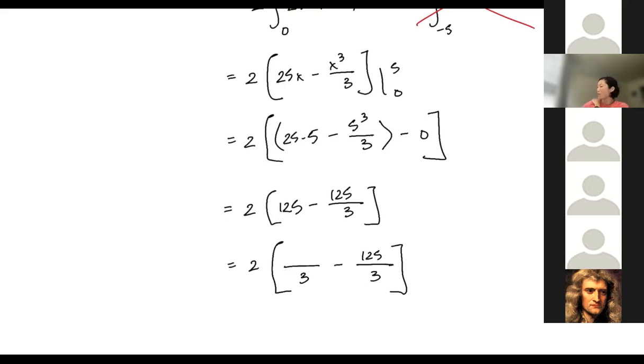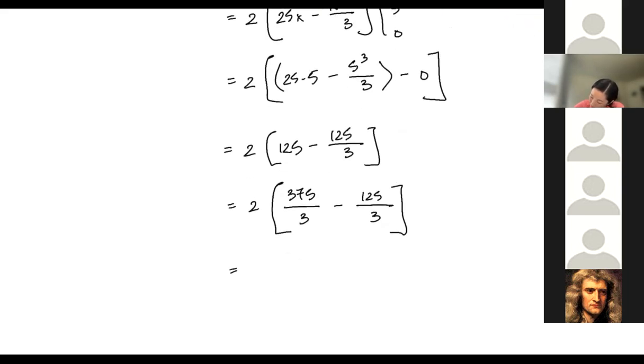What does my numerator become if I'm looking to have common denominators? 375. There you go. All right. So 375. What is my numerator here then once I combine the fractions? 250, good. 250 over 3.